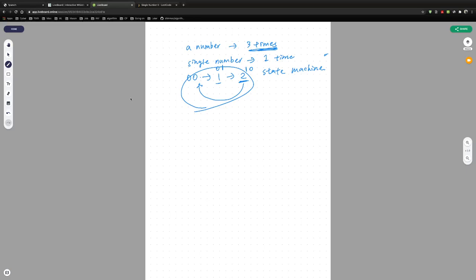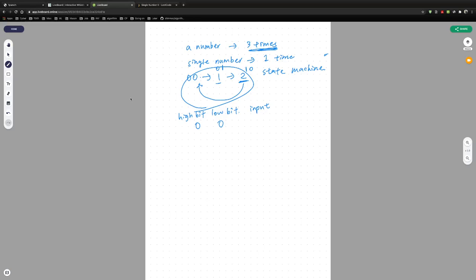So here is the high bit, here is the low bit, and the initial state is 0 0, and here is the input. Our input is only 0 or 1 on each bit, right?